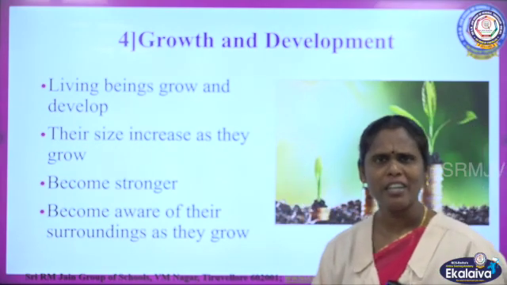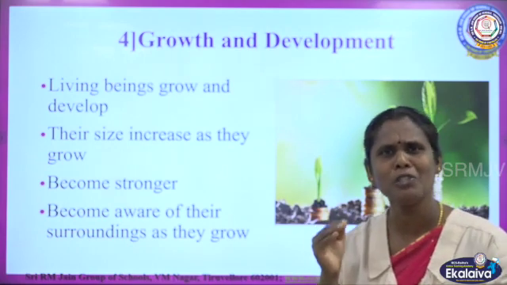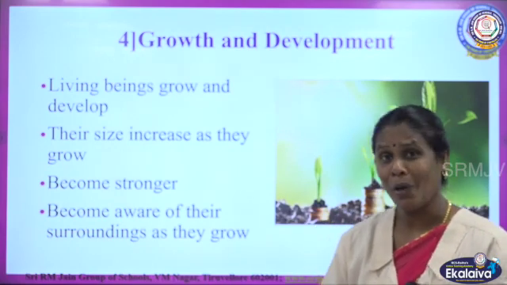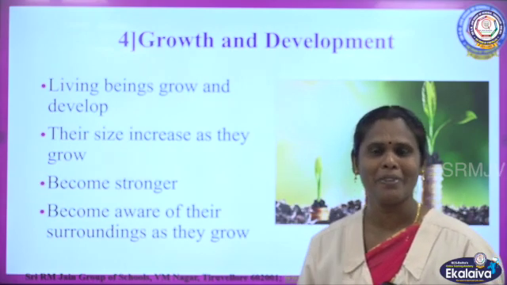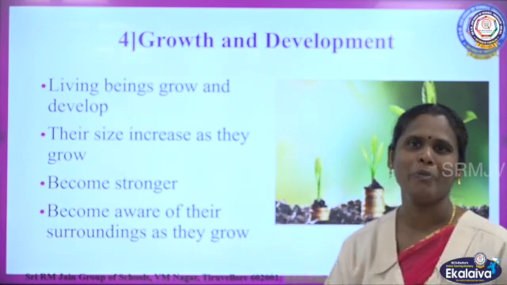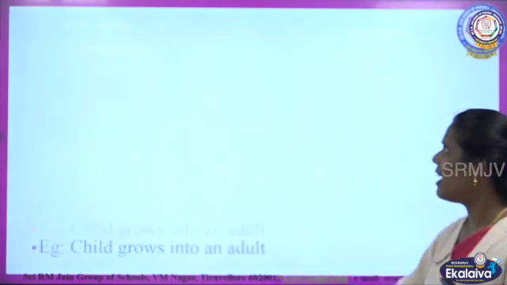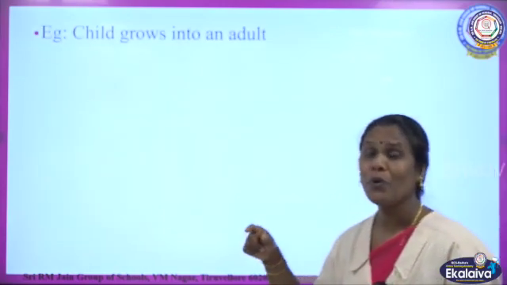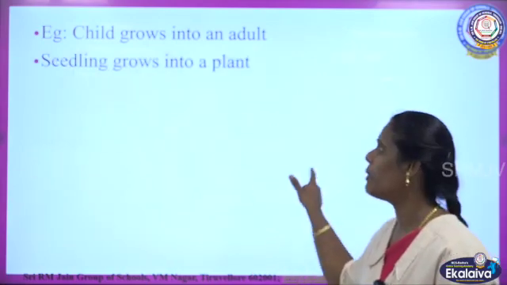You see, children, when you joined KG, you were very small, right? Now you are in 6th standard. You have grown up. This is the best example of growth and development. Next, I am going to give a few examples of growth and development.